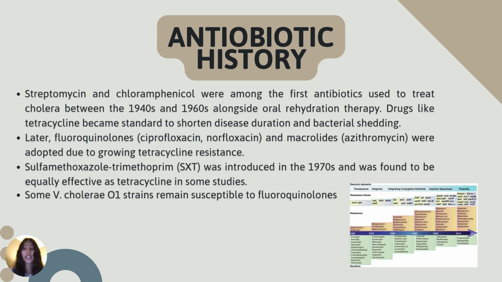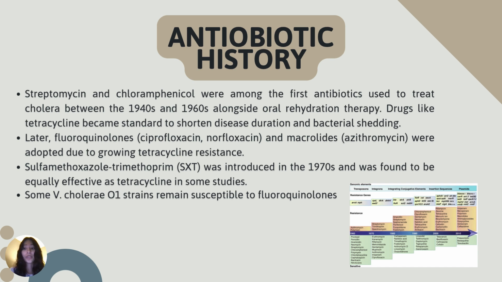Later on, tetracycline became the standard treatment for reducing illness duration and bacterial shedding, but resistance eventually increased. So here I have an image of the susceptible and resistant strains, and as you can see, as time went on, fewer and fewer treatments were working.